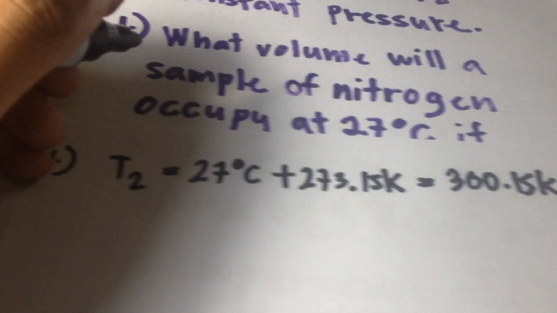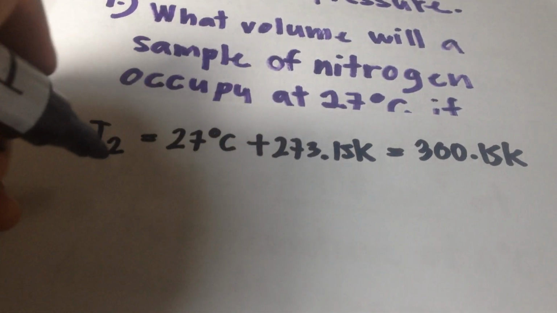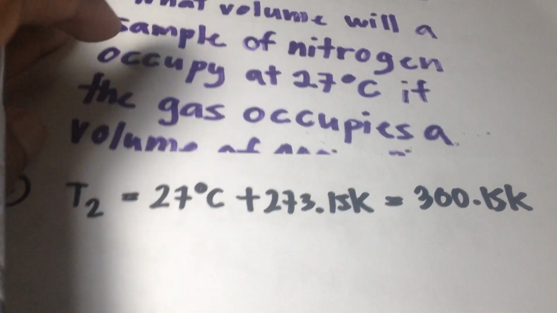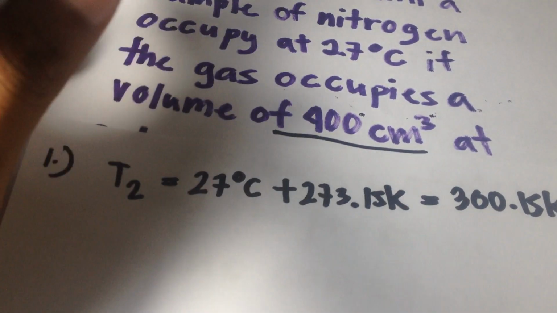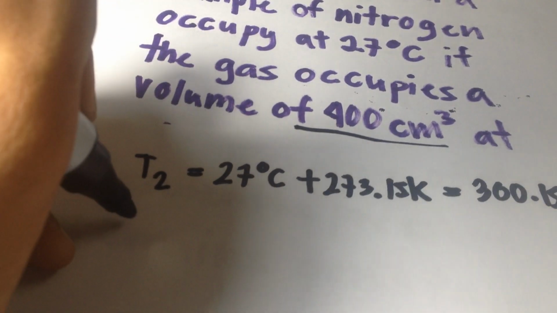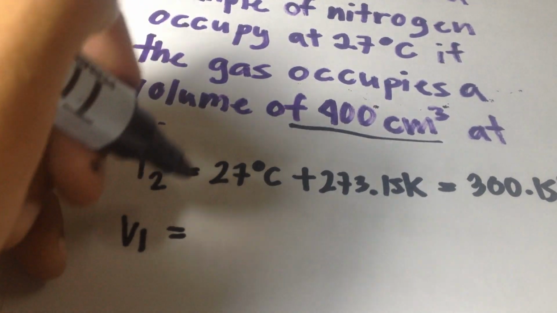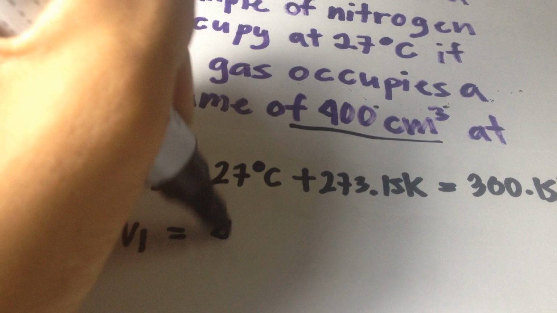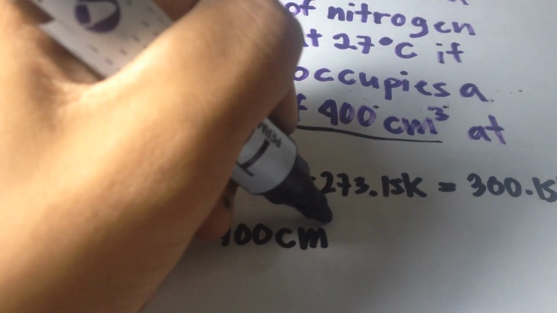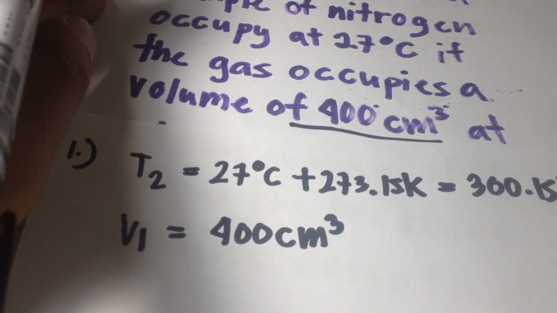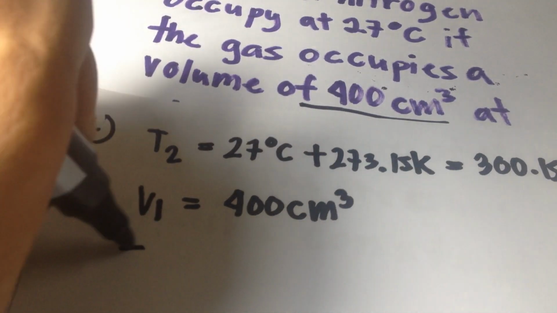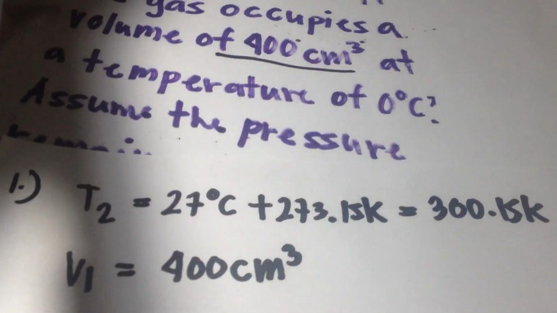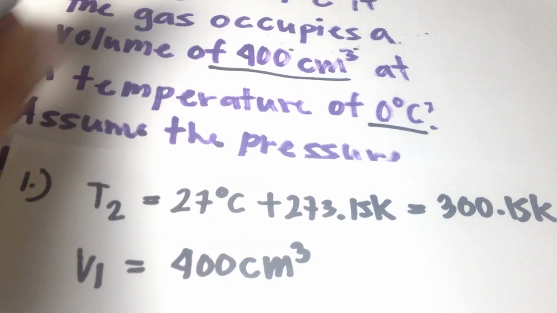And how about the volume? This is volume 1. Volume 1 has 400 cubic centimeters, and temperature 1 equals 0 degrees Celsius.